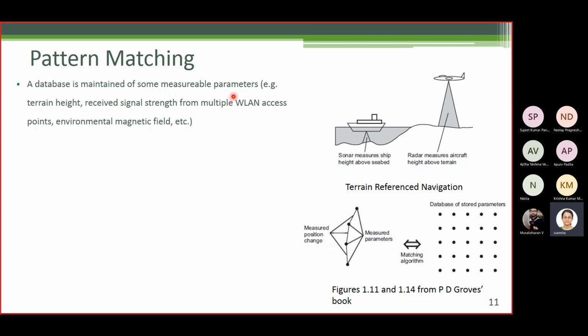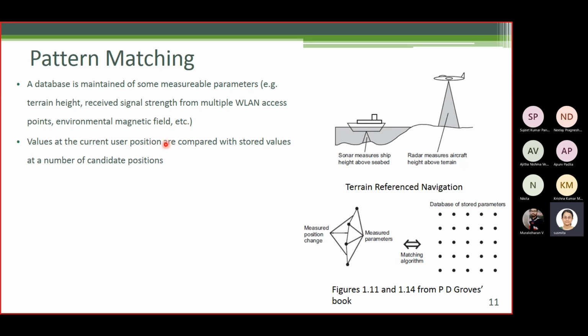Measurable parameters can be terrain height, or, in case of indoor positioning, received signal strength from multiple wireless LAN access points. We can also store environmental magnetic fields in a database. These are some examples of measurable parameters of which we have a database.